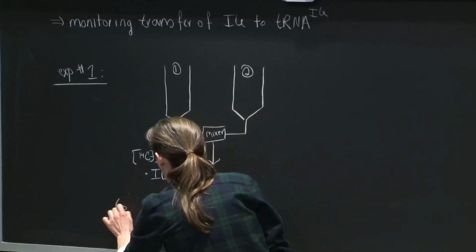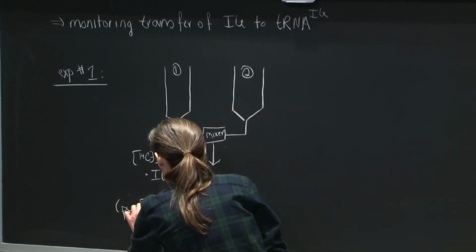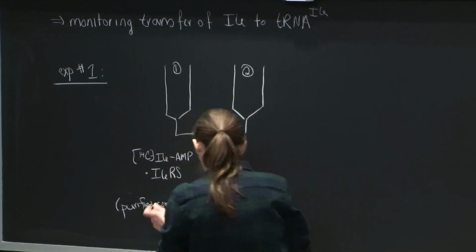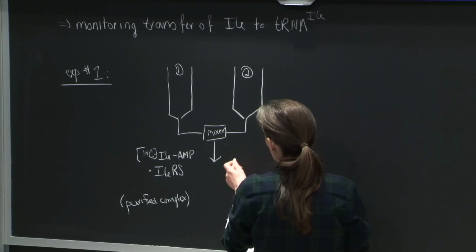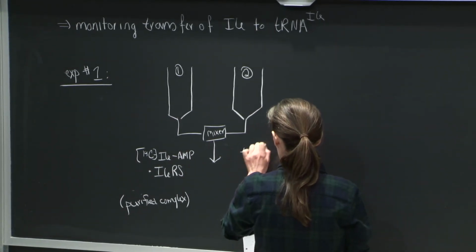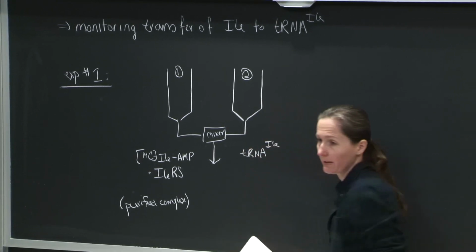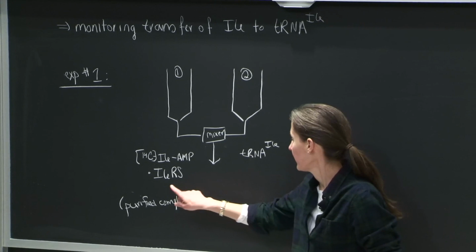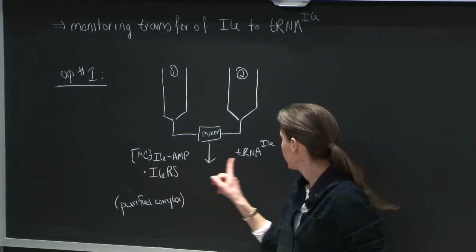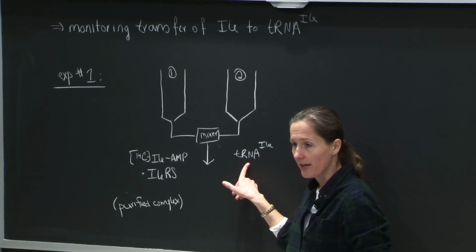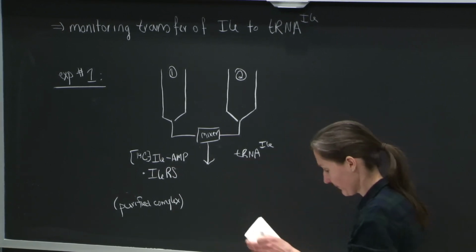Okay, purified complex here. And then in this other syringe, syringe 2, what we have is the tRNA. Okay. So imagine these are rapidly mixed. There'll be transfer of the radiolabeled isoleucine to the tRNA, and so formation of that aminoacyl-tRNA can be monitored.